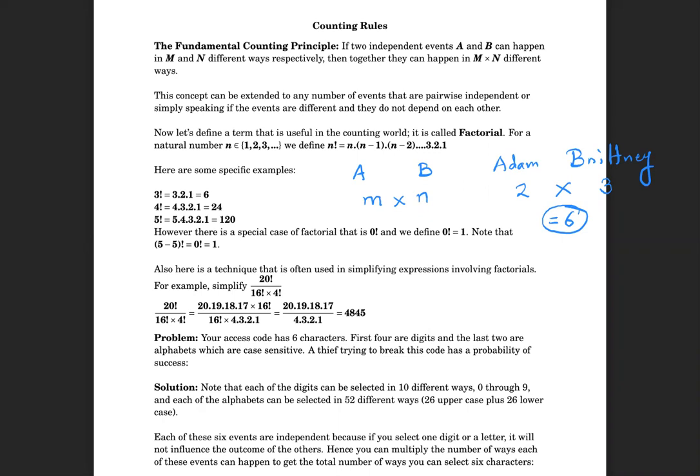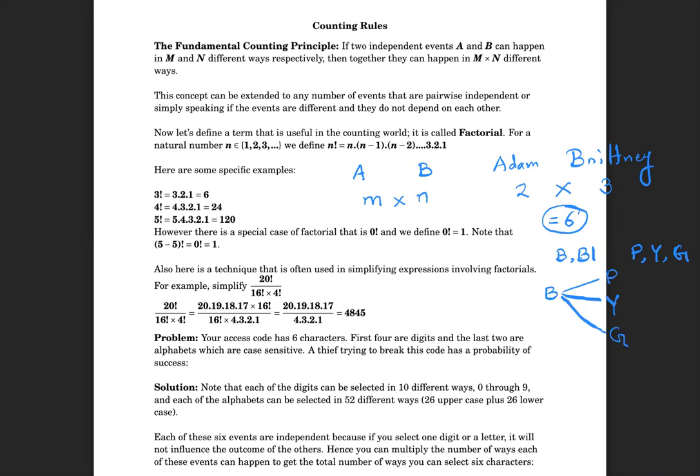Here is an example. Let's say Adam has a blue t-shirt and a black t-shirt, and Brittany has a pink t-shirt, yellow t-shirt, and a green t-shirt. Okay, so think of it this way. If Adam wears blue t-shirt, Brittany can wear either pink or yellow or green.